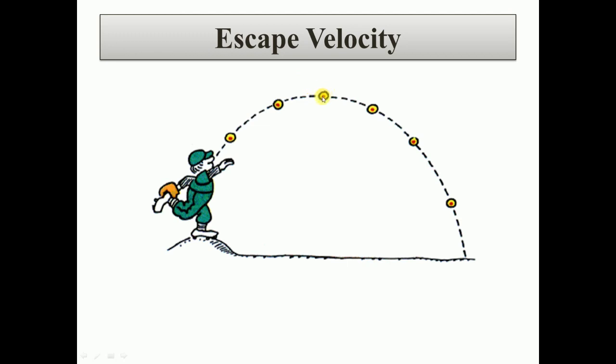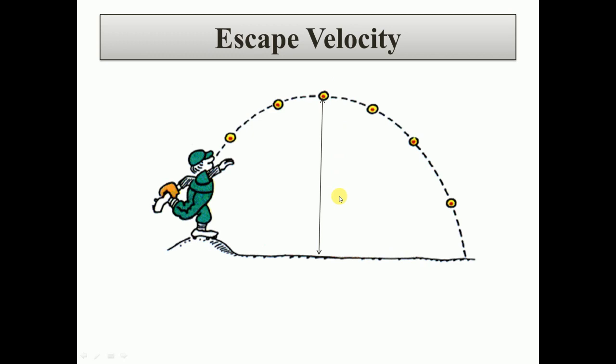It goes to a particular height, and then it falls back to the earth. This height is the maximum height achieved by the ball, and it falls back to the earth because of the gravitational force.